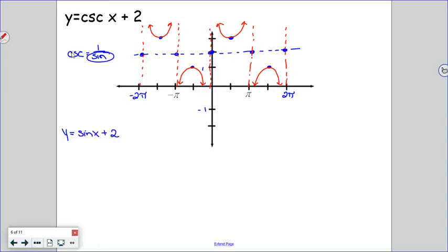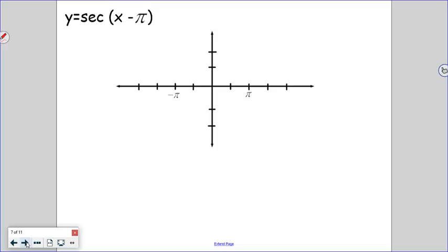Okay. This one I think you can do on your own. Secant of x minus pi. Let's see one with a phase shift.